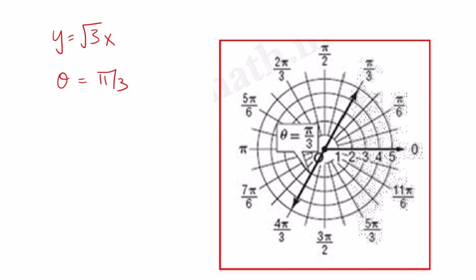So if I change my value of r, my angle theta is fixed. So if I go to this line, see, this point is my pole, I go to pi by 3, this is positive r. If I make it negative r, it will be in the opposite direction. So it's this line, theta equal to pi by 3, passing through the pole, and therefore, as you can see, again, it's a line. So this is the final graph.